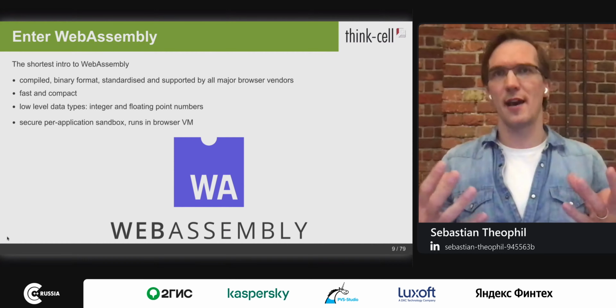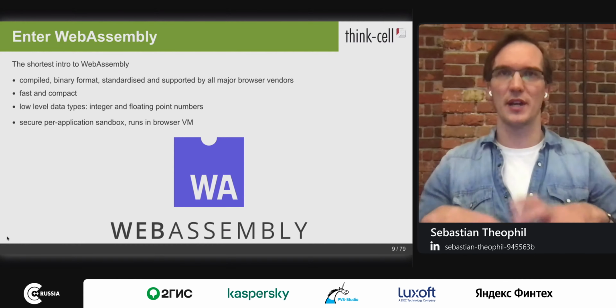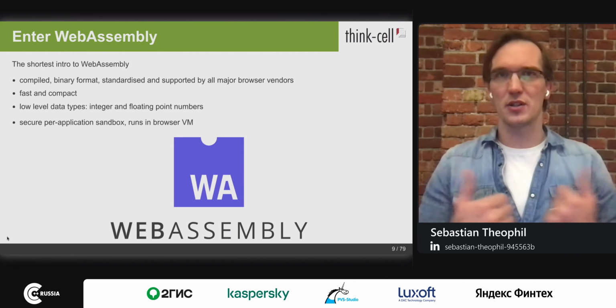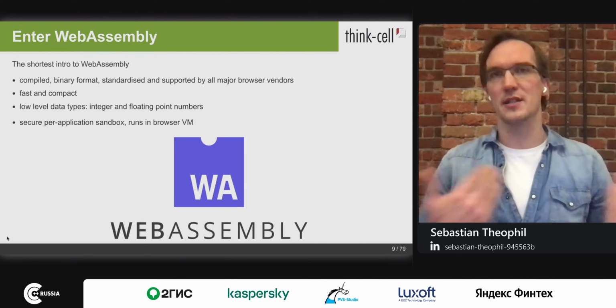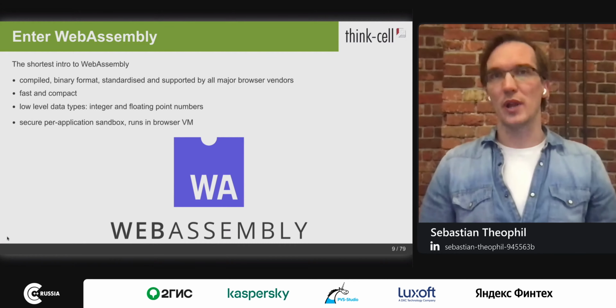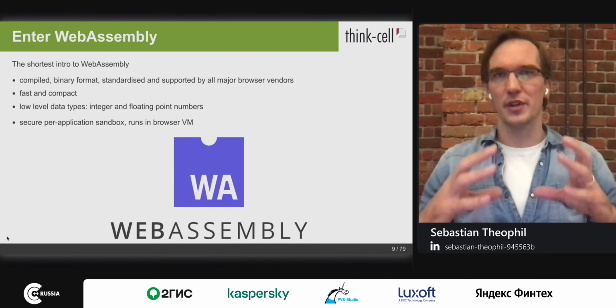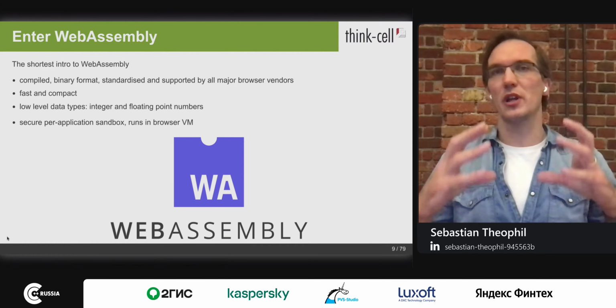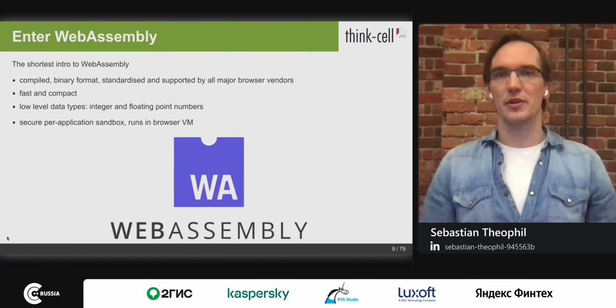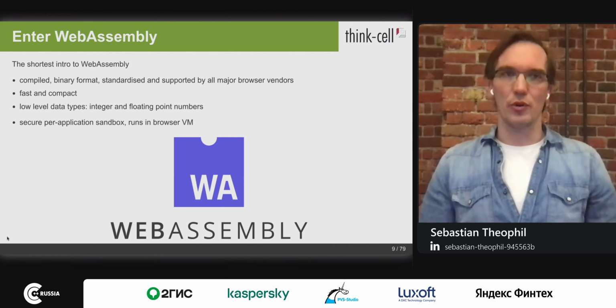A WebAssembly module cannot interact with the environment by default, so in that sense, it's a very secure technology. It cannot call any functions of its surrounding browser environment unless these are explicitly specified. And each WebAssembly module has its own private piece of memory, essentially an array buffer of bytes, that by default belongs to that WebAssembly module only.